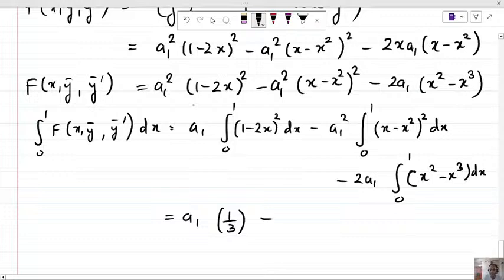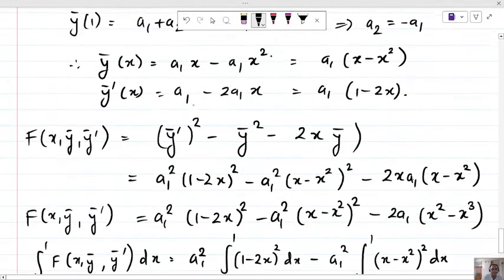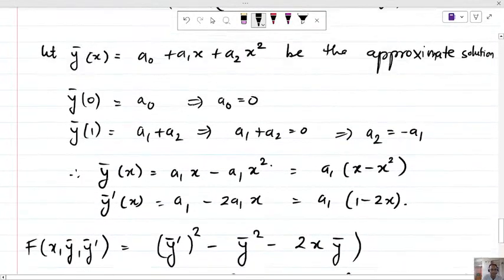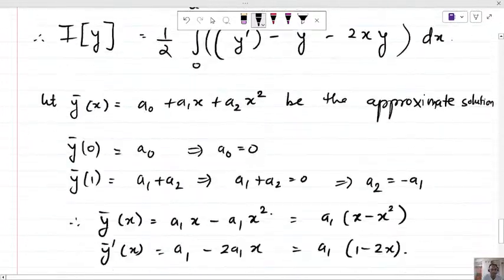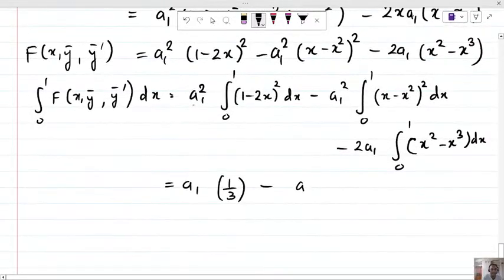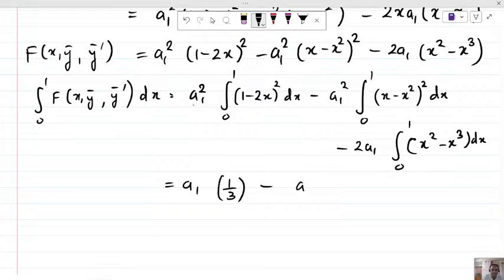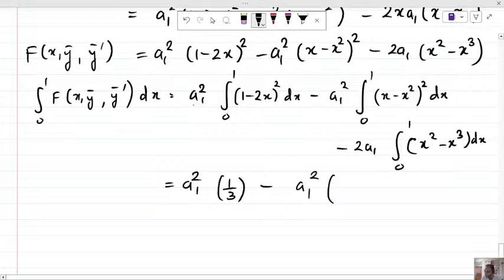The second one it is a1 square, right? A1 square is there. Yeah, it is a1 square by 3 we get, and then there is a1 square, here I will get 1 by 30.